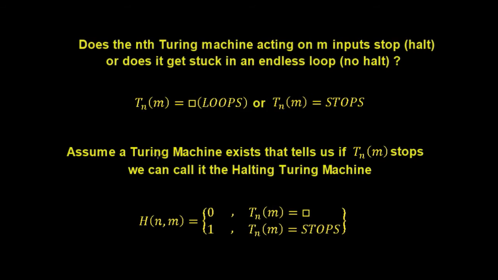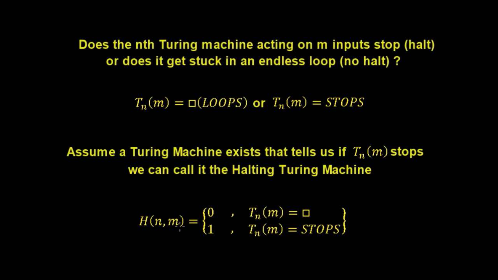So what we do is we assume that this type of Turing machine actually exists, and we can call it a halting Turing machine. So now we'll have a halting machine we can call H of n comma m.